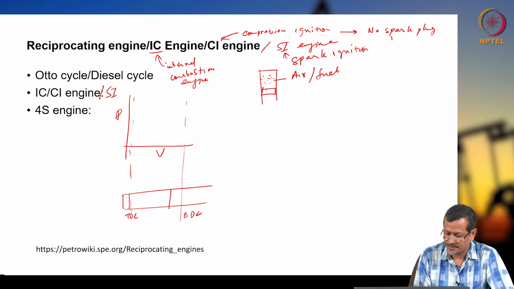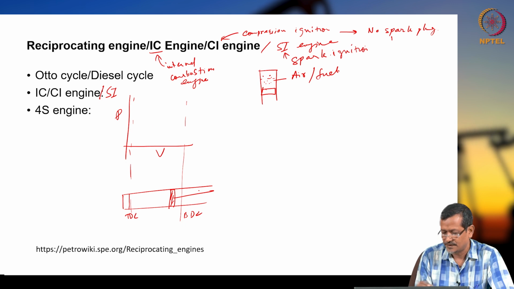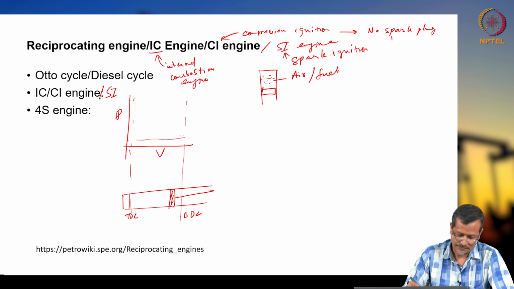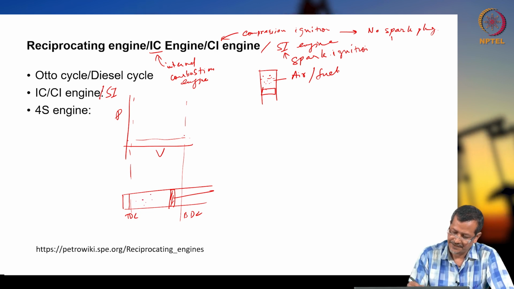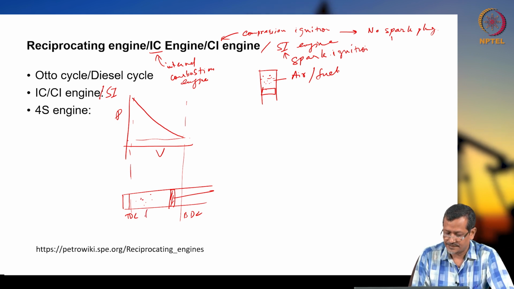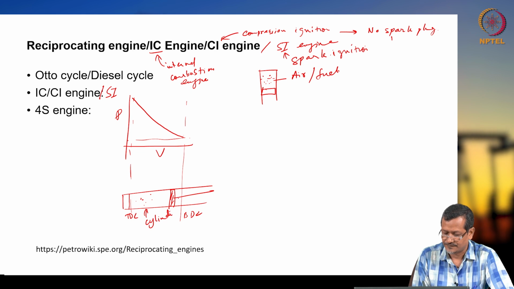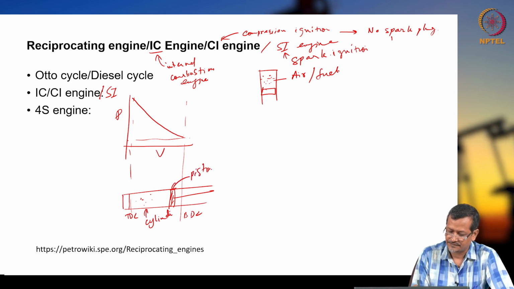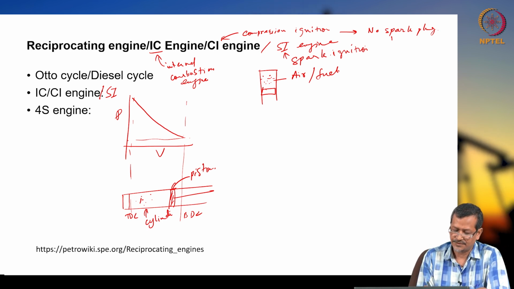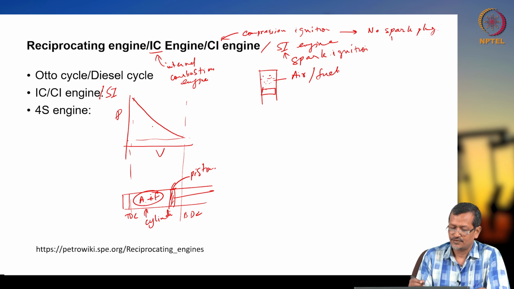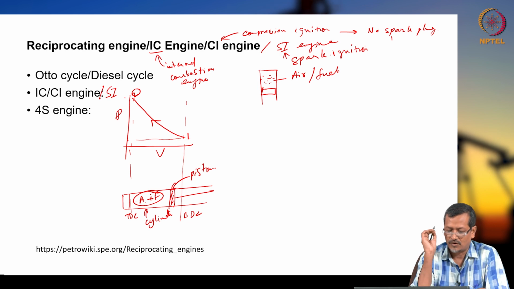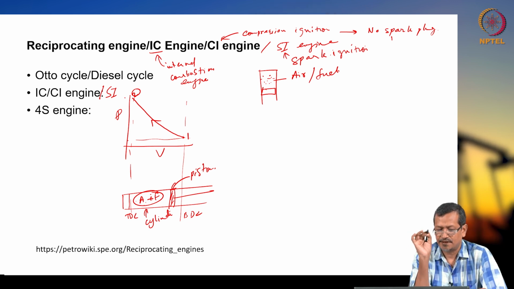Let's say my piston is here at this moment, and you are starting to compress whatever gas is there. So this is the cylinder, this is the piston. Initially you take a certain amount of air and fuel mixture, A plus F. Now you start compressing, 1 to 2. Once compression completes, then there will be combustion.